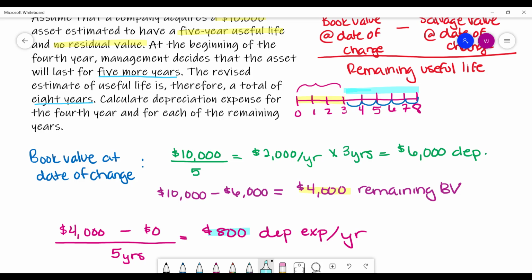So estimates are just that, estimates. If a company comes to the realization that, you know what, our estimate was a little bit off and the asset's going to last us a little bit longer or shorter, they need to go through this process to revise the estimate of depreciation for the years remaining.